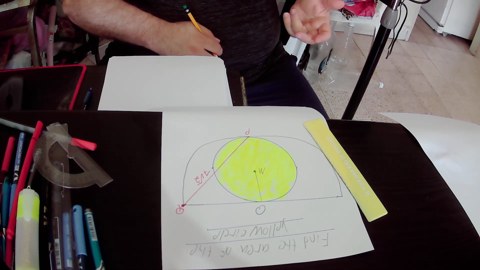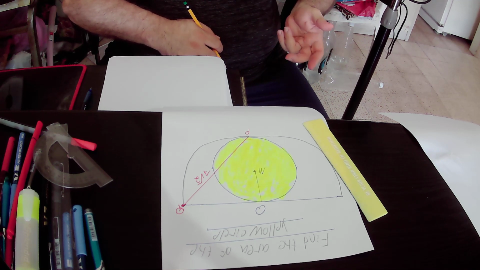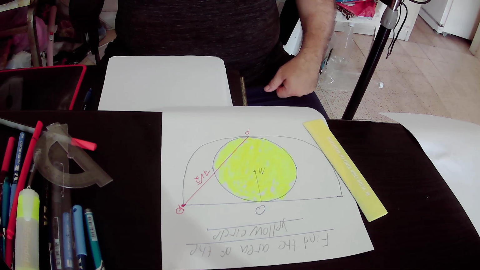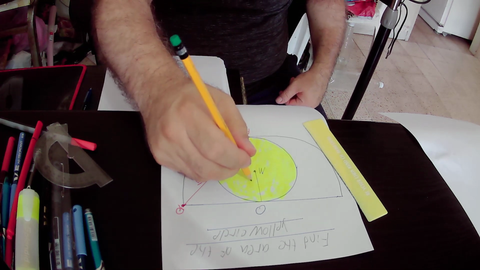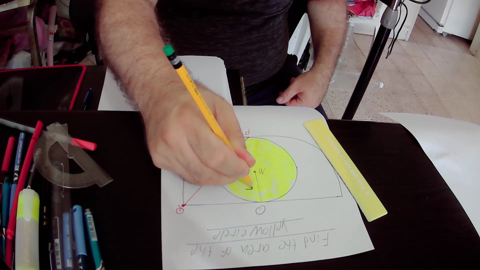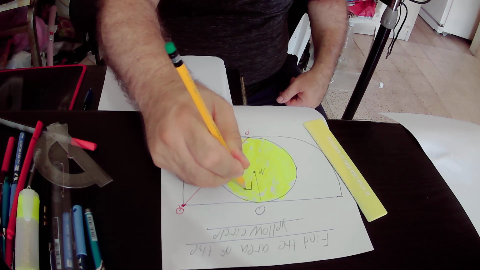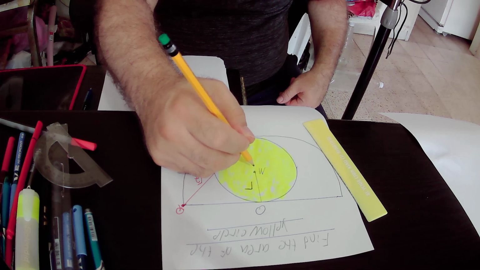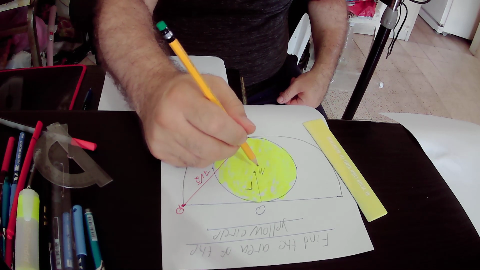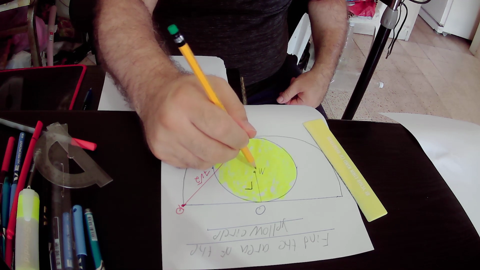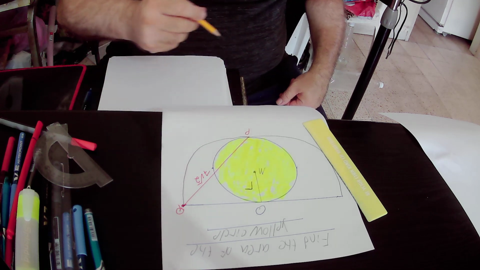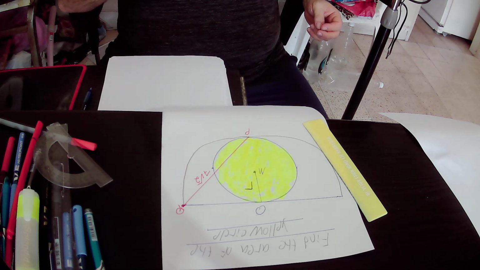Therefore, MO is defined as the radius of the yellow circle. So we will call it r, abbreviation for radius. So small r is defined as the radius of the yellow circle, and it equals MO. The size of MO is the radius of the yellow circle.